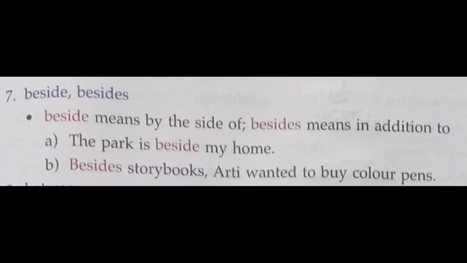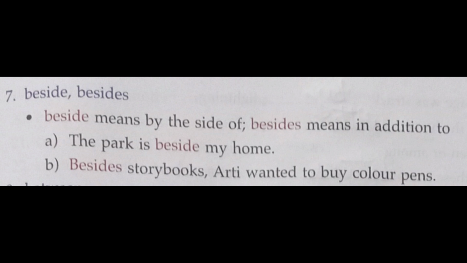Number seven, beside and besides. Beside means by the side of, and besides means in addition to. Whenever we say beside, it means we are mentioning the position of a person, place, animal, or thing with respect to another person, place, animal, or thing, and it is by the side of that other one.